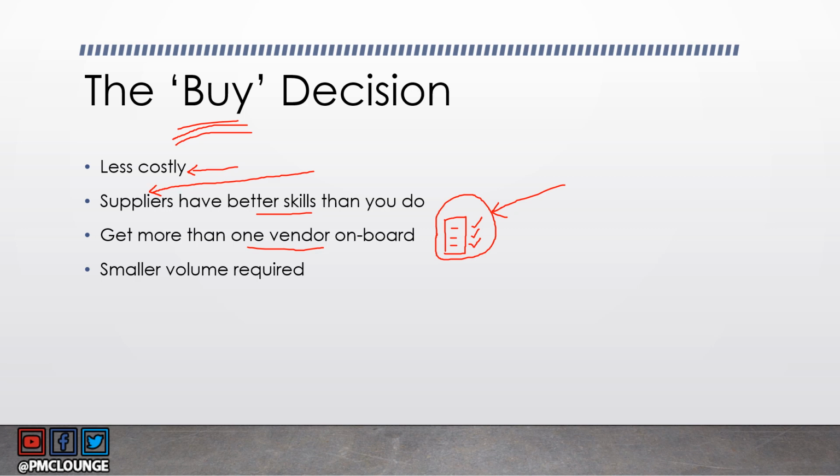Smaller volume required. So if you need this e-commerce integration only once, no other project requires this, then what's the point of getting your team members trained on e-commerce integration and wasting all that money? Instead, you can take the buy decision, buy it one time and be done with it.